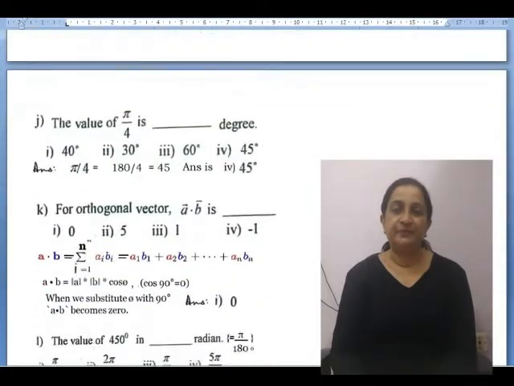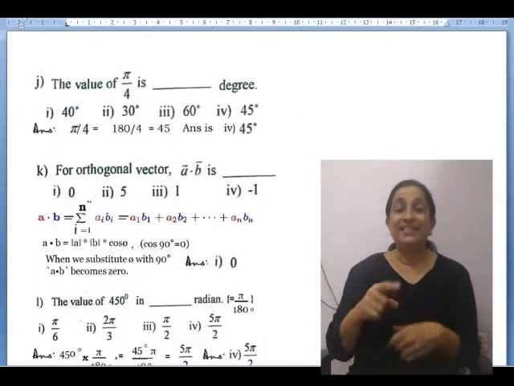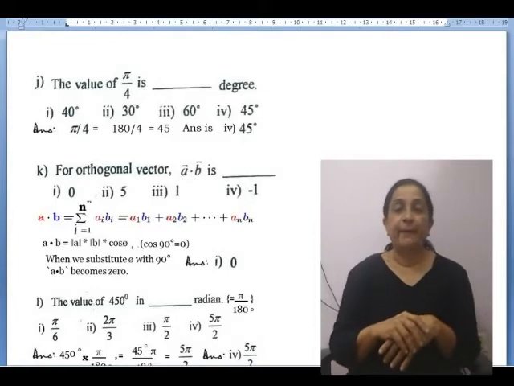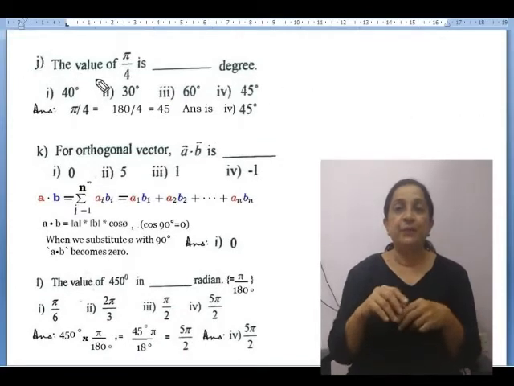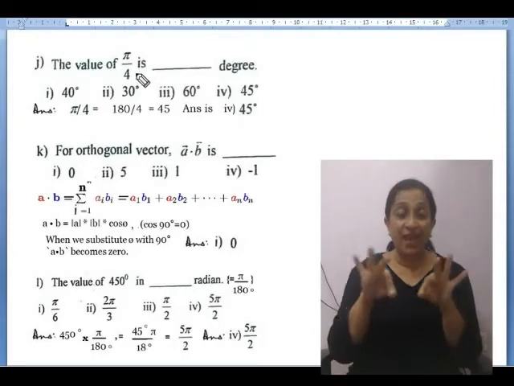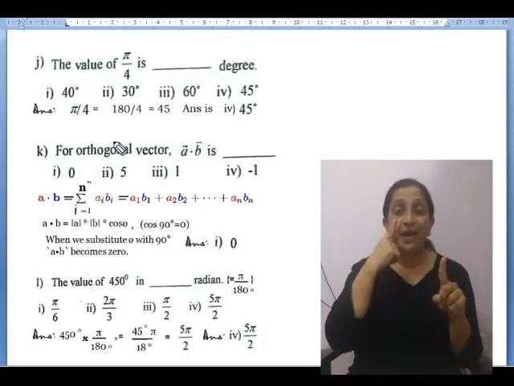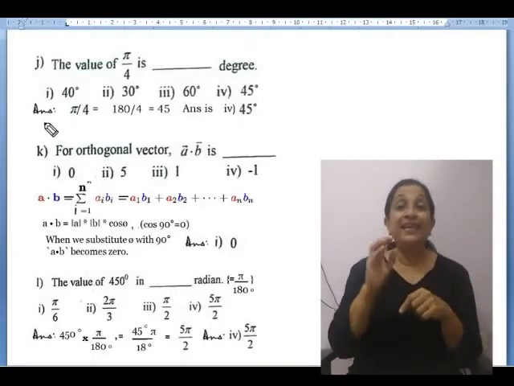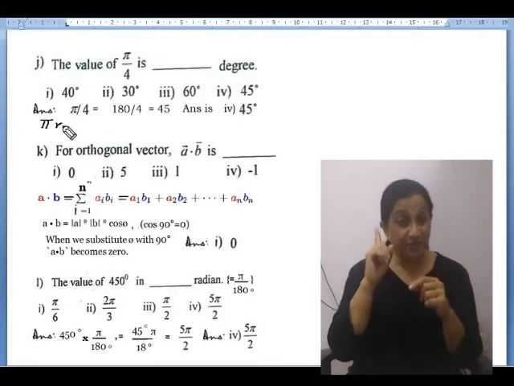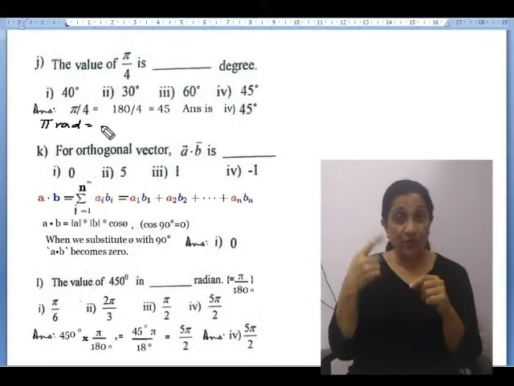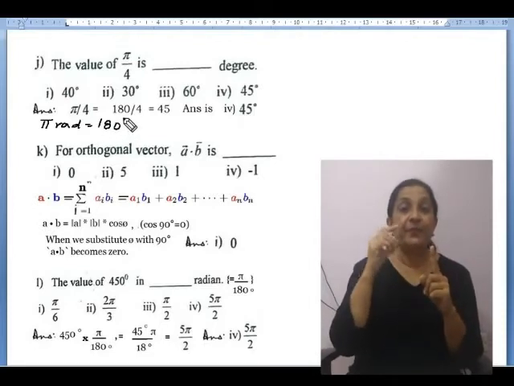Let us move on to the next, that is J. Problem number J. What is the value of pi by 4 in degrees? Always remember, pi radians is equal to 180 degrees.